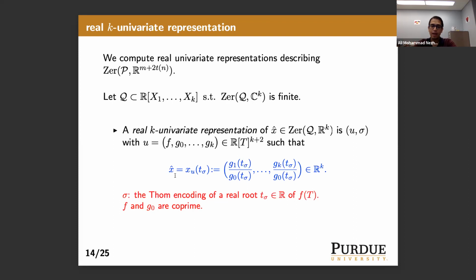In fact, every coordinate of the solution can be represented as a rational function in terms of the real root of a univariate polynomial. And the Thom encoding is another notion in real algebraic geometry. It's simply a sign condition on f and the derivatives of f. This kind of sign condition identifies every real root of f. So we basically have an identification of every real solution of this algebraic set. So that's what I mean by description.